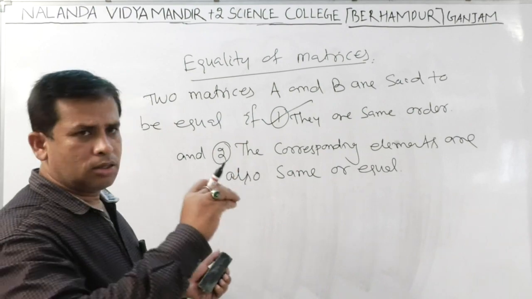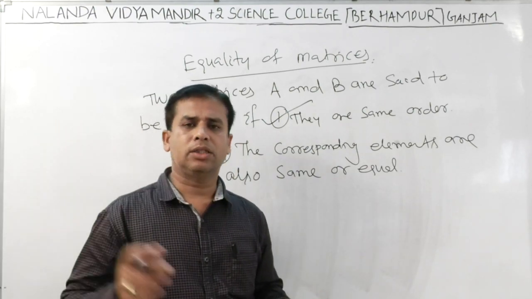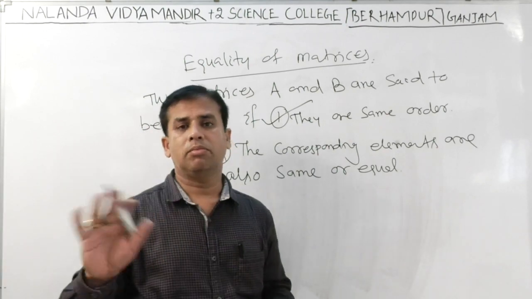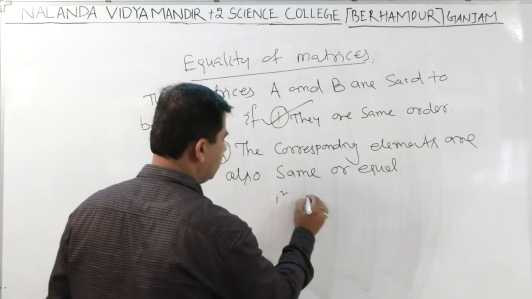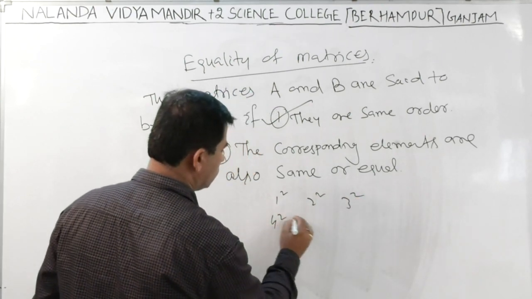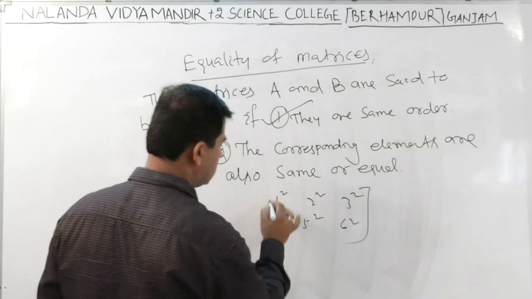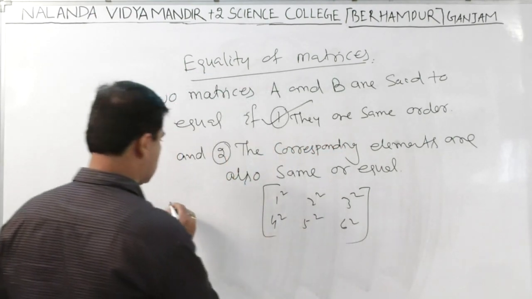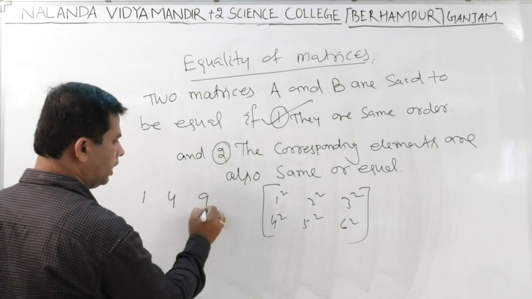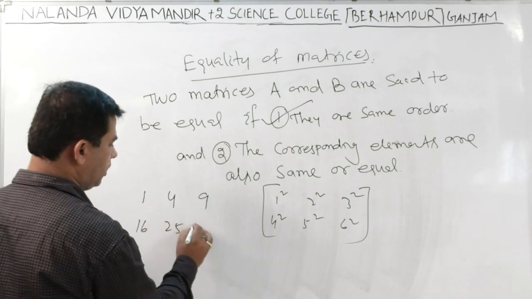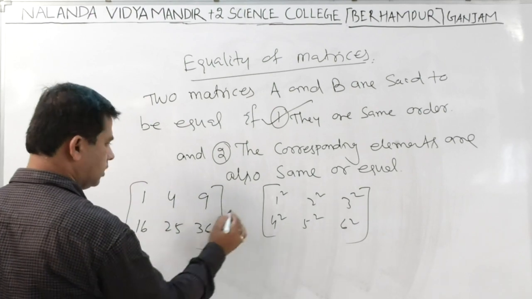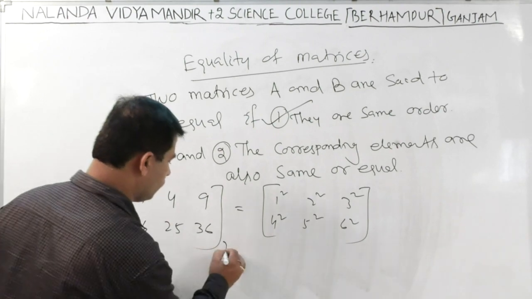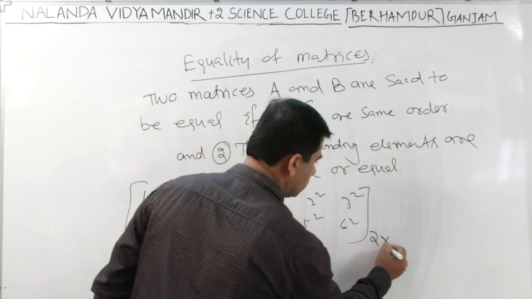That is, we see the corresponding elements of the two matrices: the first row second column of one and the first row second column of the other should have the same value. For example, one matrix is 1 square, 2 square, 3 square, 4 square, 5 square, 6 square, and another matrix is 1, 4, 9, 16, 25, 36. Here two matrices have same order, 2 rows 3 columns, and here also 2 rows 3 columns.